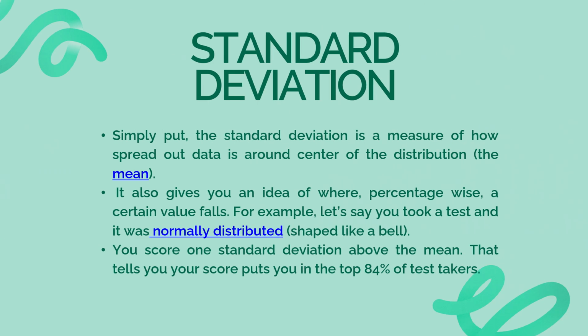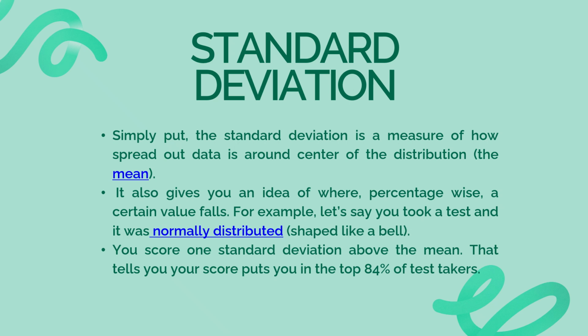The standard deviation is a bit more technical but super useful. It shows how much the data varies from the average. Imagine a test where the average score is 70. If your score is one standard deviation above that, you did better than about 84% of people.